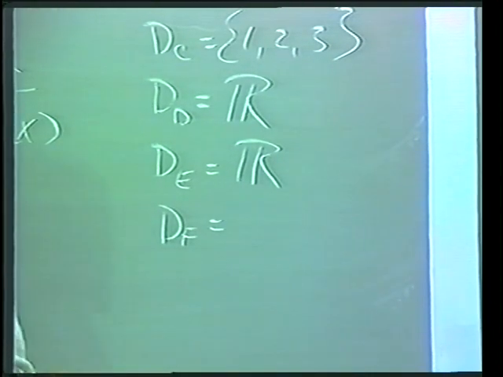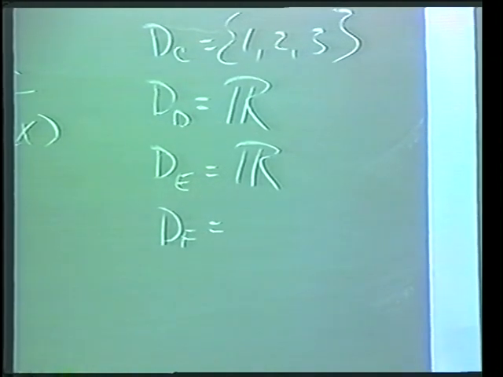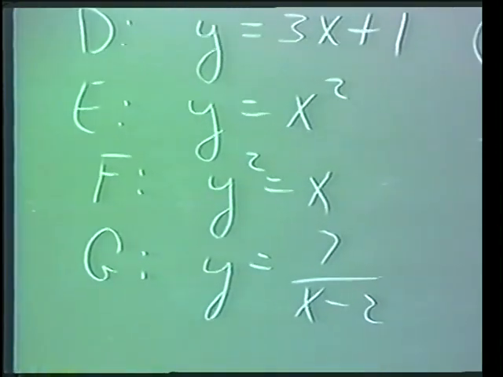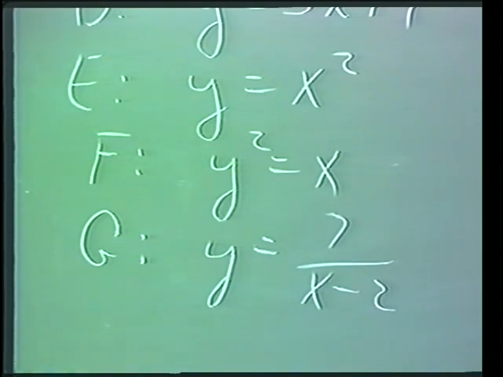Domain of F. What can I plug in there for x in set F? Square root of all real numbers? Yeah, well, technically, right? But a little cleaner than that. Forget about square root.